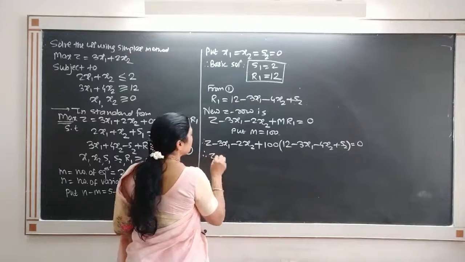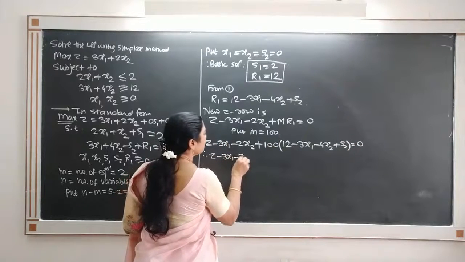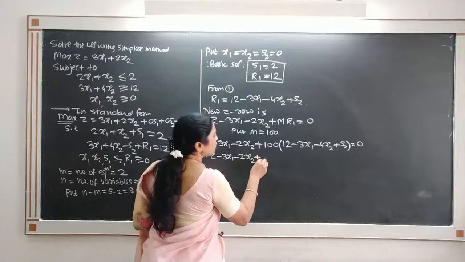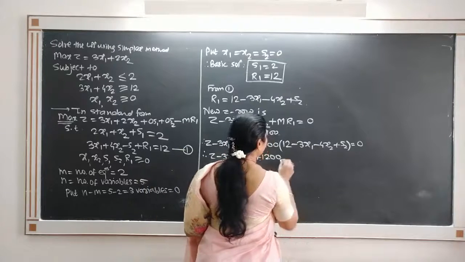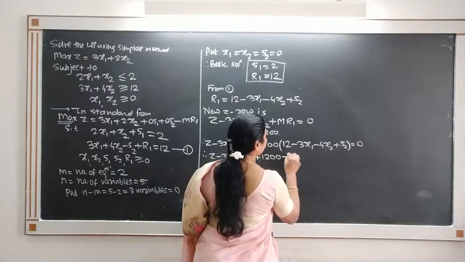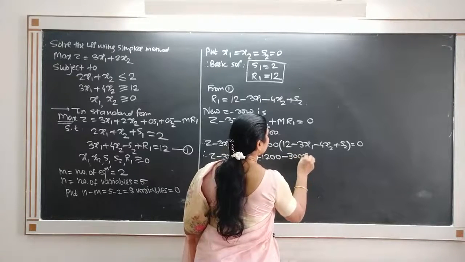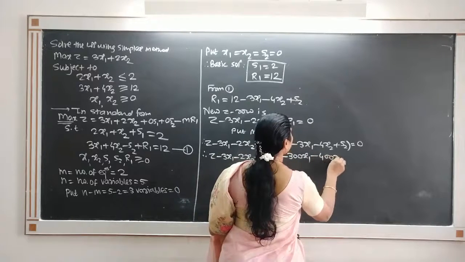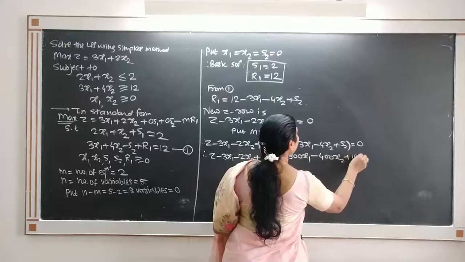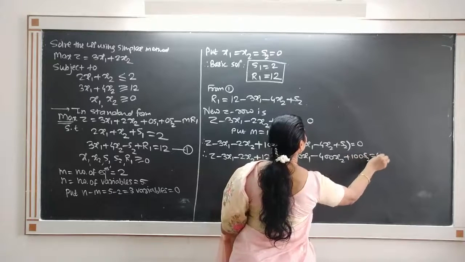Simplify this. So z minus 3x1 minus 2x2 plus 1200 minus 300x1 minus 400x2 plus 100s2 equal to 0.